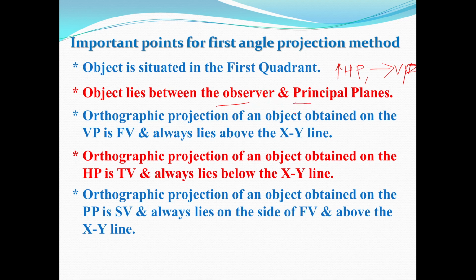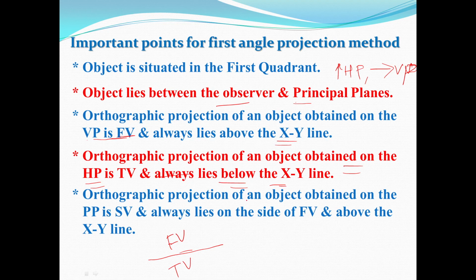Orthographic projection of the object obtained on the VP is the front view, and the front view always lies above the XY line. So this is the XY line, and this is the front view above it, with the top view below the XY line. The orthographic projection obtained on the HP is the top view and always lies below the XY line.